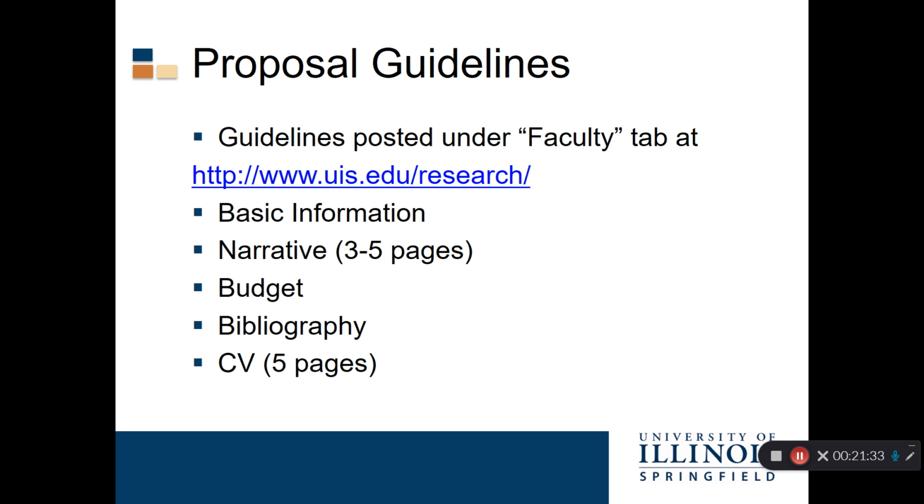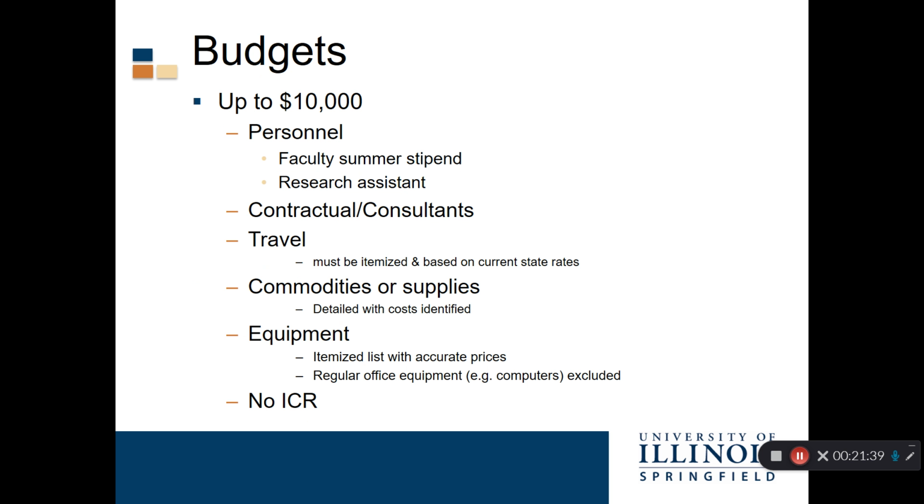The budget and bibliography and CVs are in addition to the 5-page limit on the narrative. The budget this time is up to $10,000. This time you can include faculty stipends, research assistants, you could have a consultant maybe that's doing statistical analysis or something, for example.